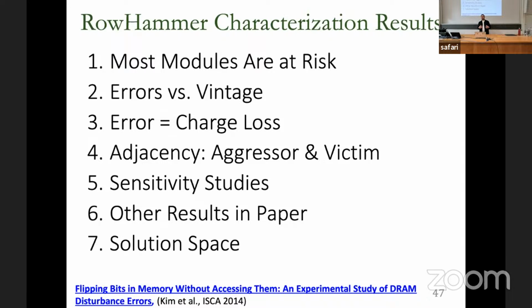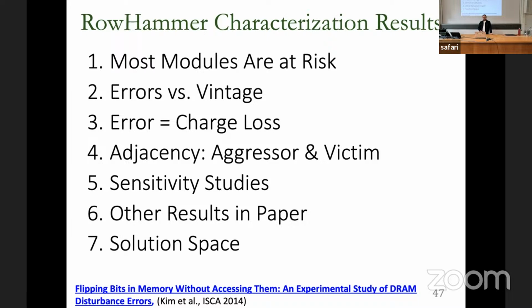You either need to use vintage DRAM modules, essentially older DRAM chips, or you have to deal with errors. Because in newer DRAM chips, we have scaling in the technology node, and DRAM cells are smaller. They have a smaller charge. They're closer to each other. So this interference or disturbance effect is exacerbated.